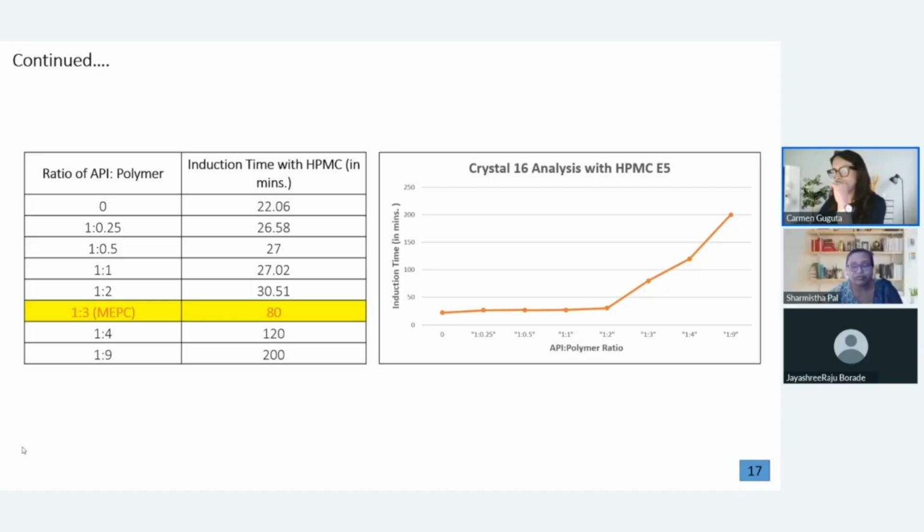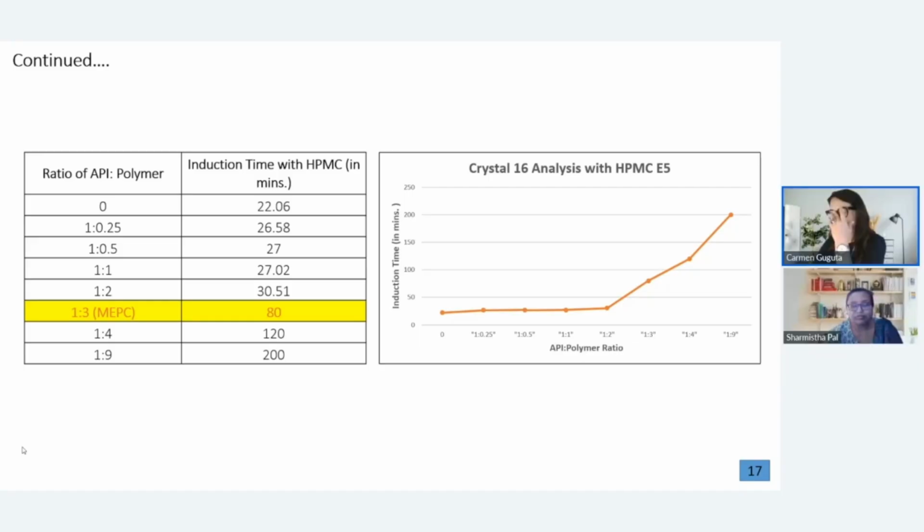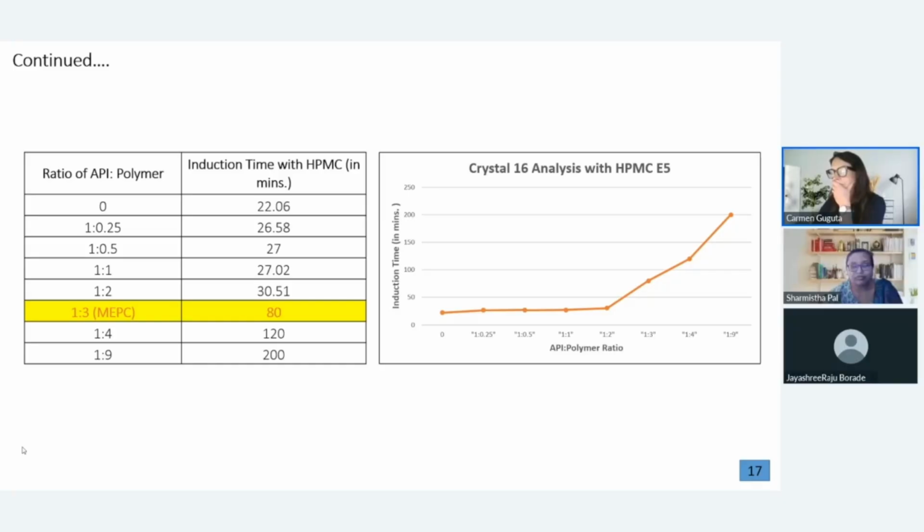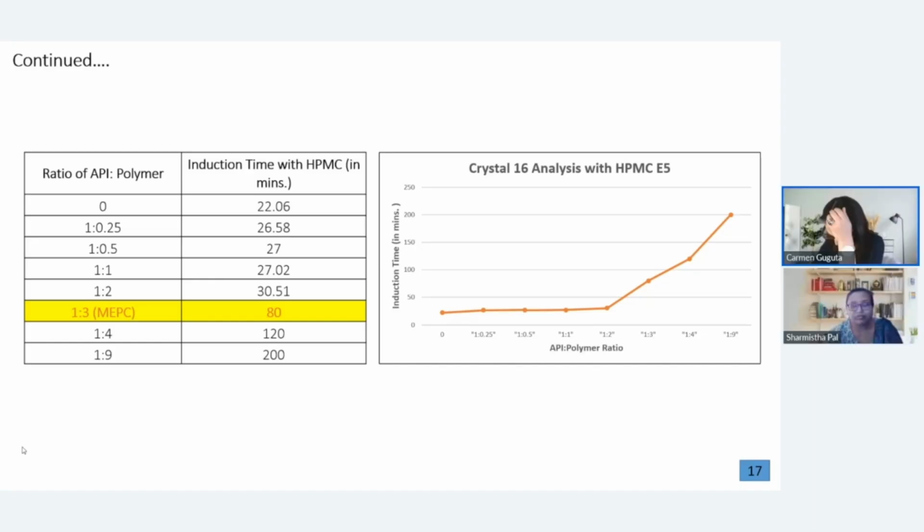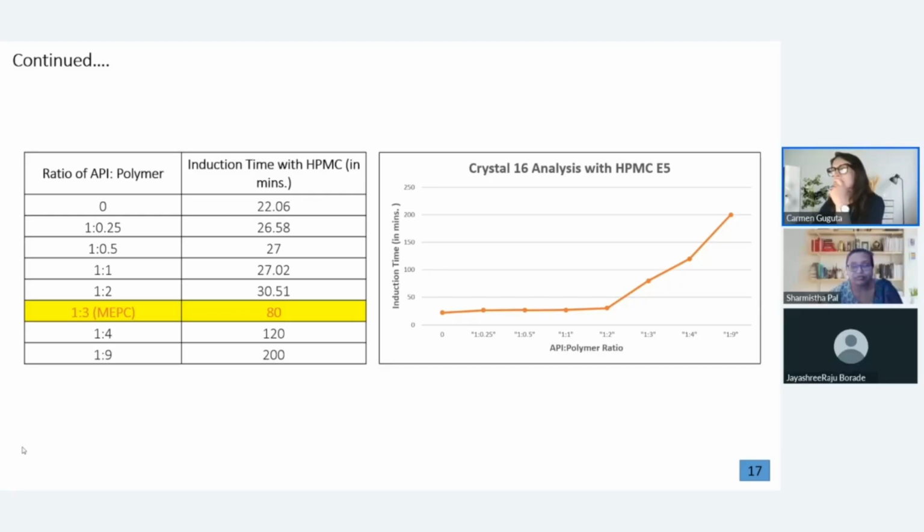But at the 1:3 API to HPMC ratio, there is a sharp jump in the induction time, to 80 minutes, and this represents the threshold behavior. Below this concentration, the polymer is insufficient, and at 1:3 the system transitions into strong stabilization near LOC. So this indicates a critical concentration required for effective nucleation suppression.